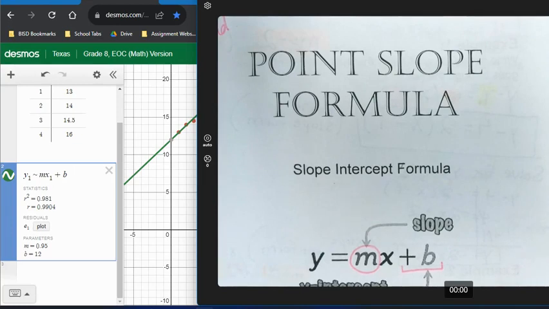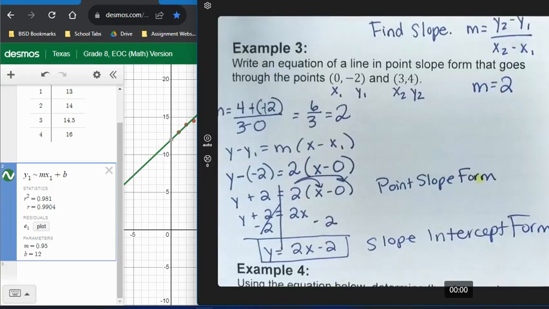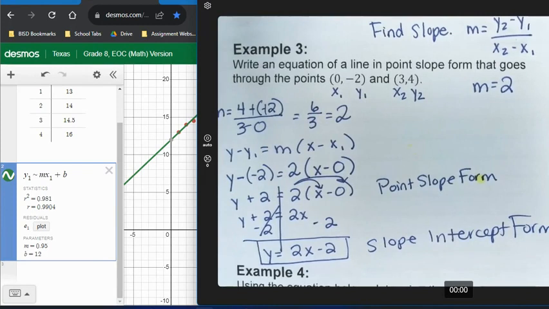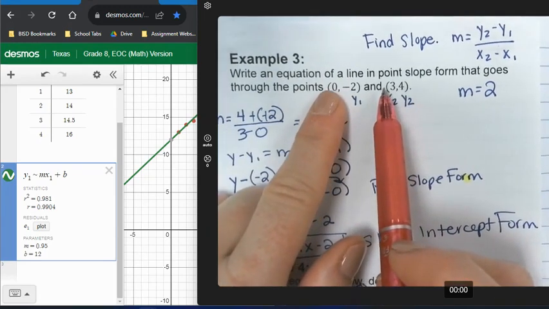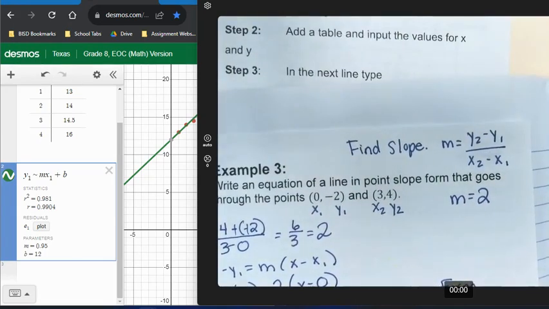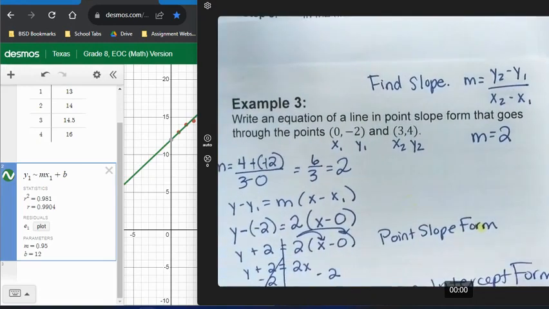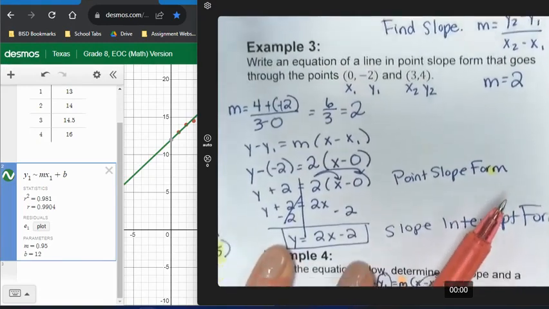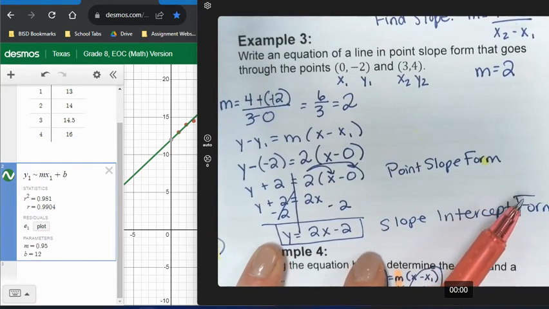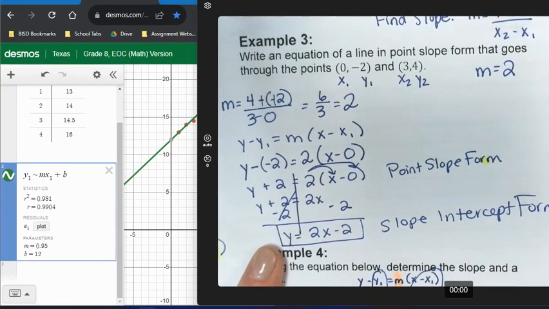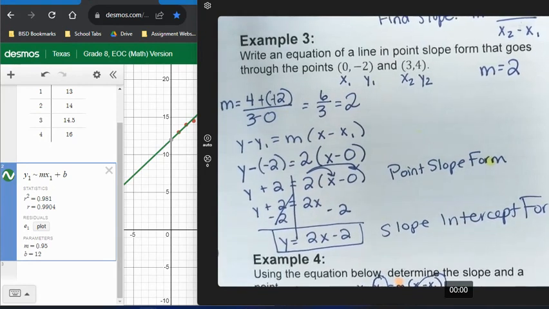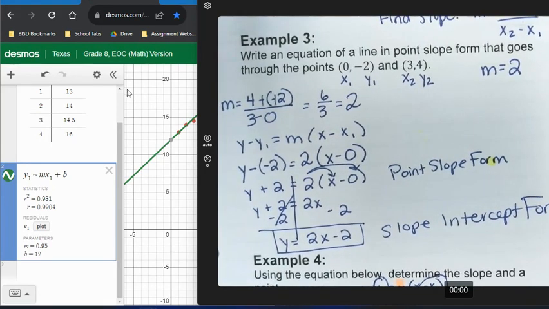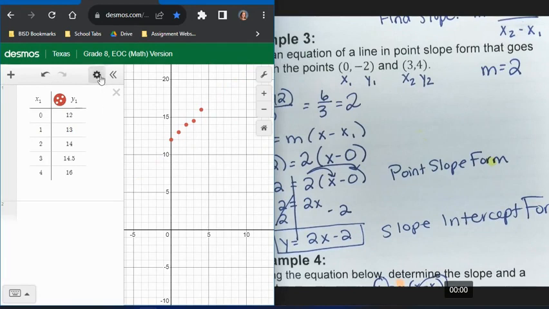But I'm going to teach you the trick that will give you the same equation. This problem gave us 2 points, and we were asked to find the equation in slope-intercept form. The great thing is I have a way to go around this, using Desmos. So let's go to Desmos, clear out what we have, and follow the steps.